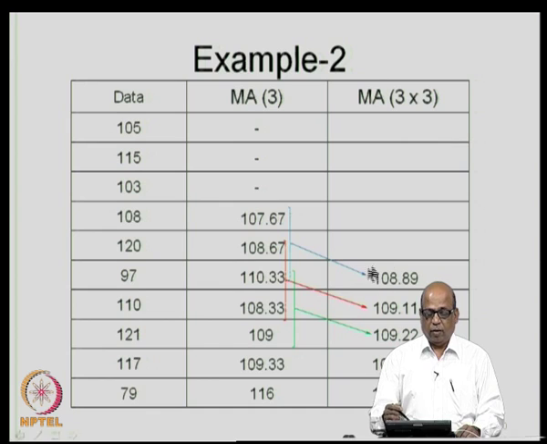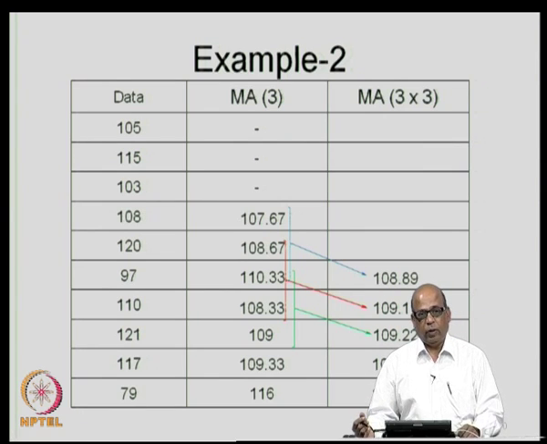Then, as I demonstrated here, we go to 2 orders of moving averages. We take the averages of the moving averages themselves. For example, we take 3 moving averages, take the average and call it as a forecast and so on. So, these are methods based on averages of data forecasting.